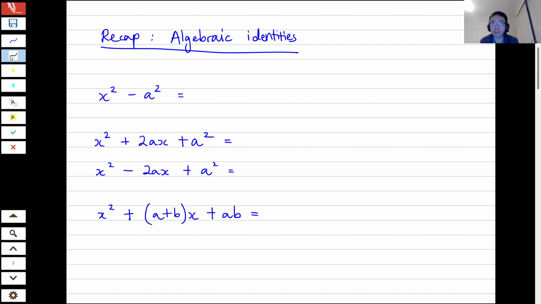What I've written on the left is the expanded form of some algebraic identities. And I just want to jog your memory of how we factorize these expressions. You might like to pause the video and see if you can factorize these yourself before I go through the answers. So the first one you should recognize is a difference of squares.